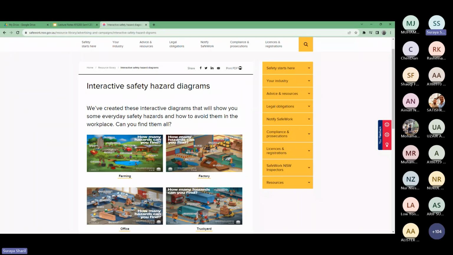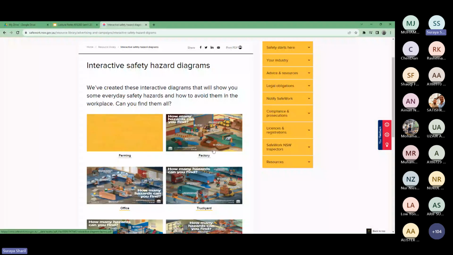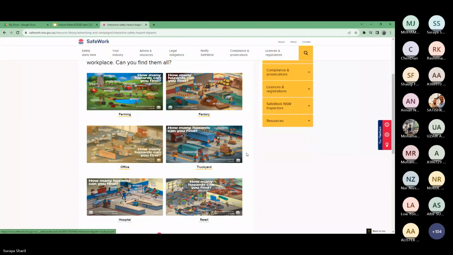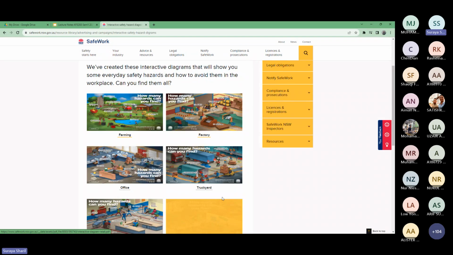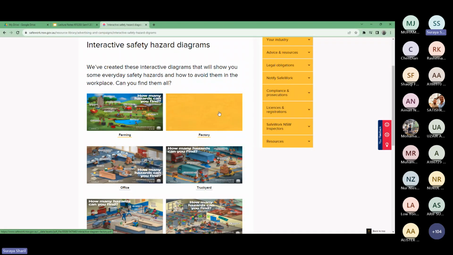It doesn't come naturally. We can train ourselves. For example, here there are examples for farming, factory, office, truck yard, hospital, retail. Let's say first we go to the factory.